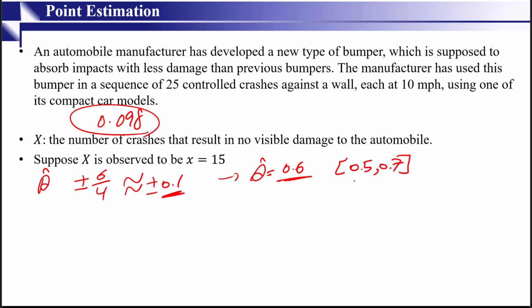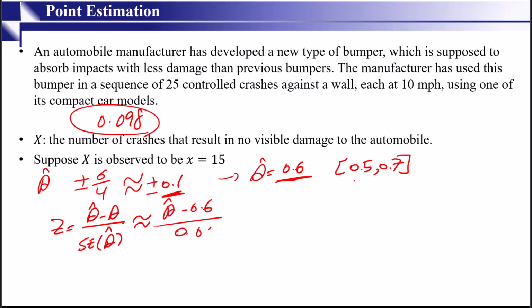Next, we need to standardize the estimator theta hat by measuring how many standard errors it deviates from the estimated mean, that is 0.6 here, right? Z is equal to theta hat minus theta divided by the standard error of theta hat, which is approximately theta hat minus 0.6 divided by 0.098. Now we're going to find Z in two cases, if theta hat is equal to 0.5 and if theta hat is equal to 0.7.